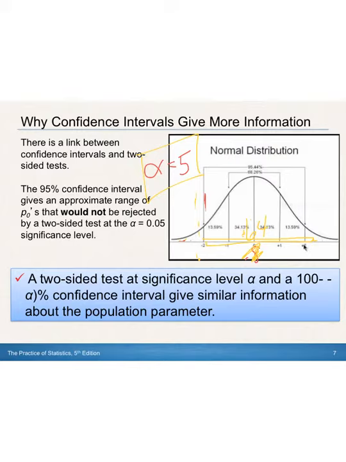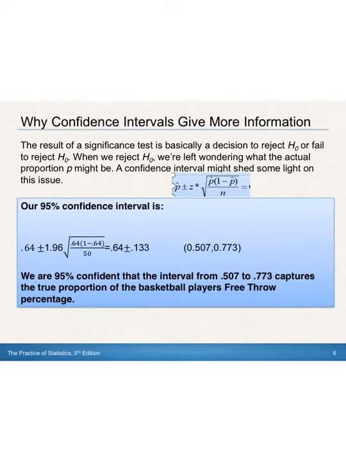So let's remind ourselves how that's done and how they're connected. We found out when we did our significance test that we rejected the null because our p-value was less than the 5%.